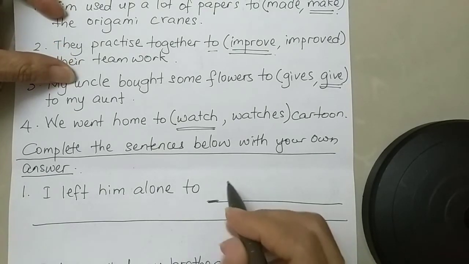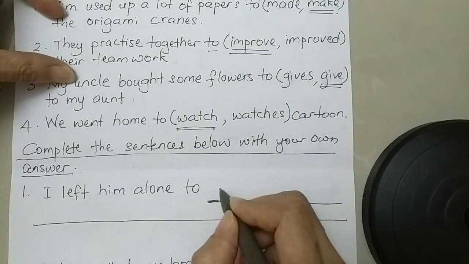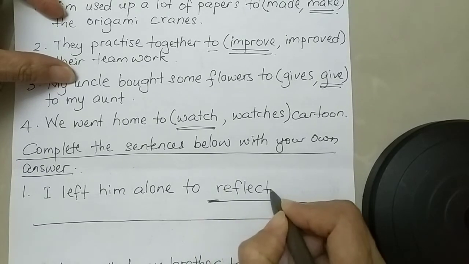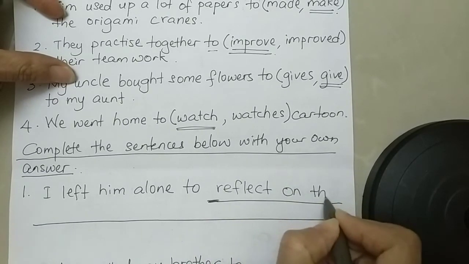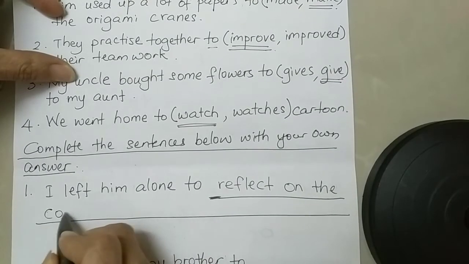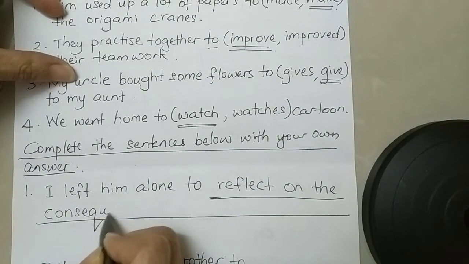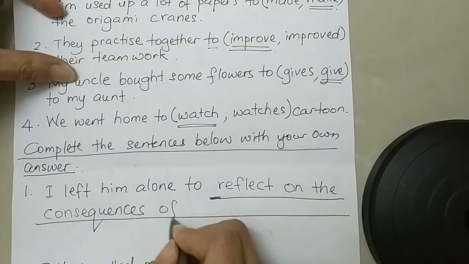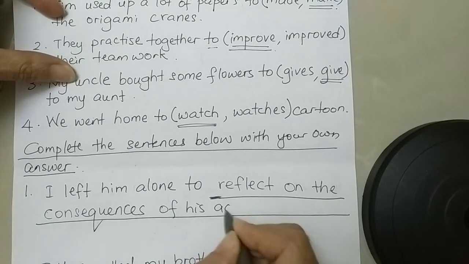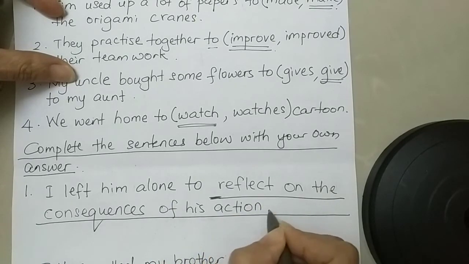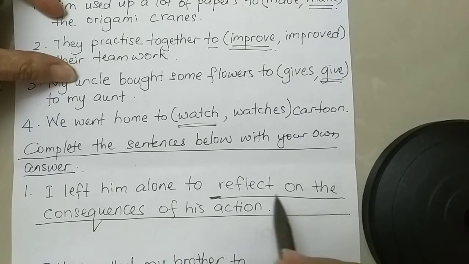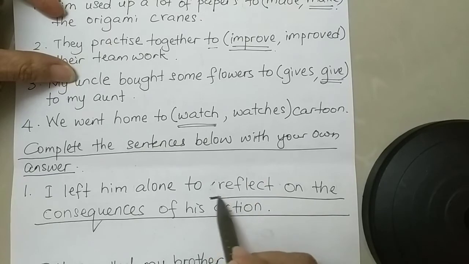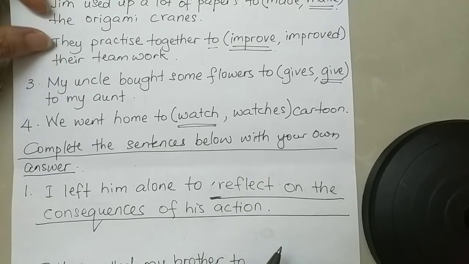For instance, to reflect: I left him alone to reflect on the consequences of his action. You can always write down your own answer, or you can make it simple, make it shorter. But as long as after the "to" there is an infinitive verb, that will fit the rules.